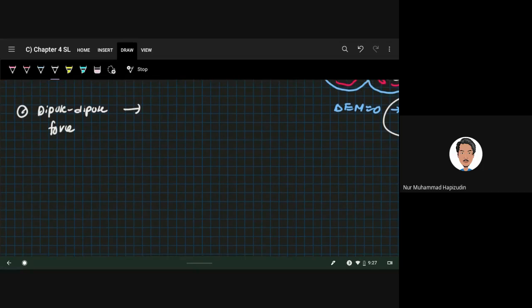Dipole force. Okay, usually in non polar bond ataupun non polar molekul lah.